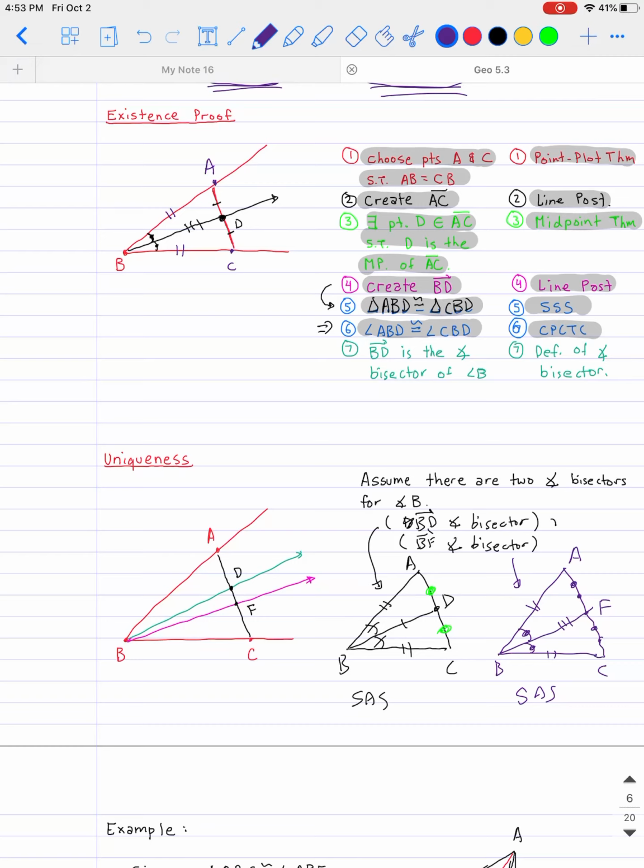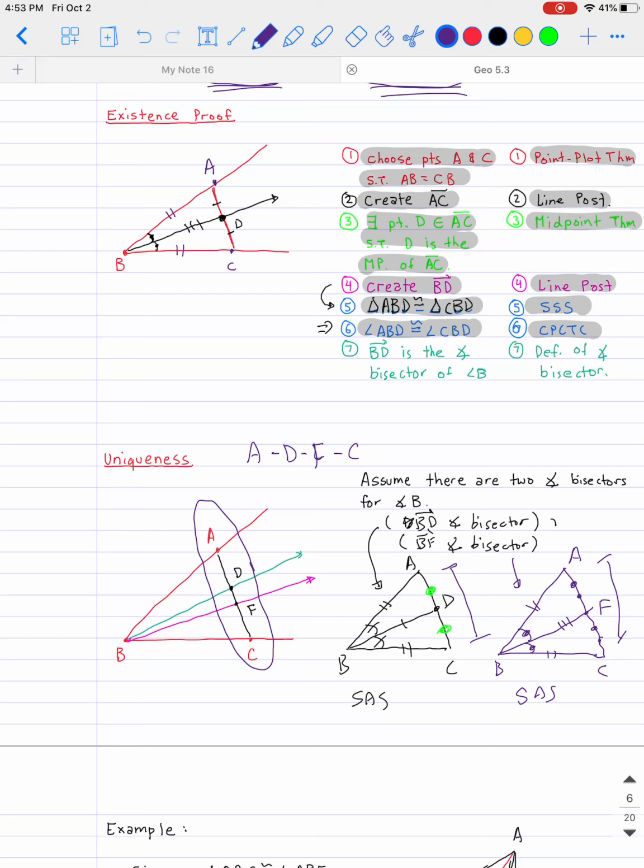Now, if you're wondering, where's the contradiction in that proof? Well, look at my picture once again, right? Notice that the way I wrote it, D and F are in between A and C, the segment, right? D and F are just somewhere in between. According to this first one, D has to be the midpoint because AD is equal to DC.